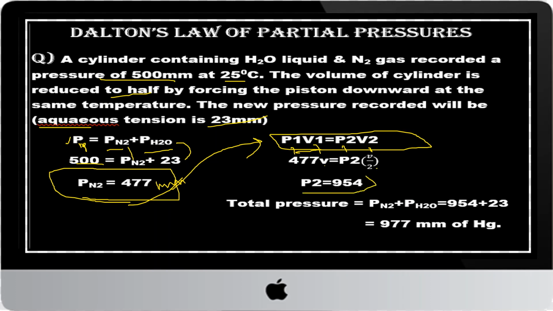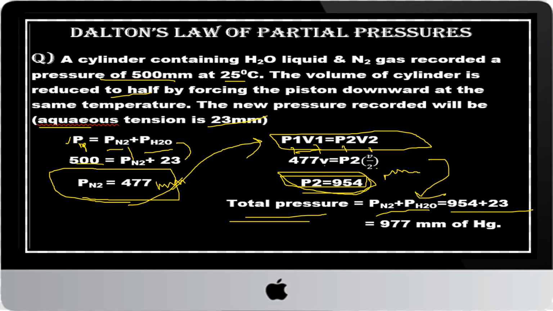On solving this, we get P2 equals 954 mm of Hg. The total pressure is P N2 plus P water vapor. Because they have asked for the total or resulting pressure, we should include the water pressure also. It becomes 954 plus 23, which is 977 mm of Hg.